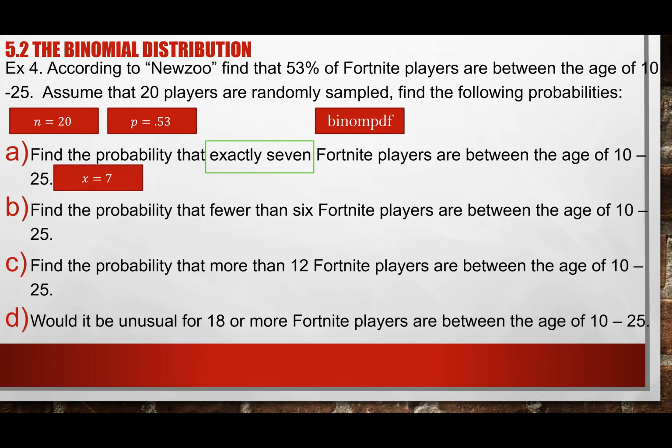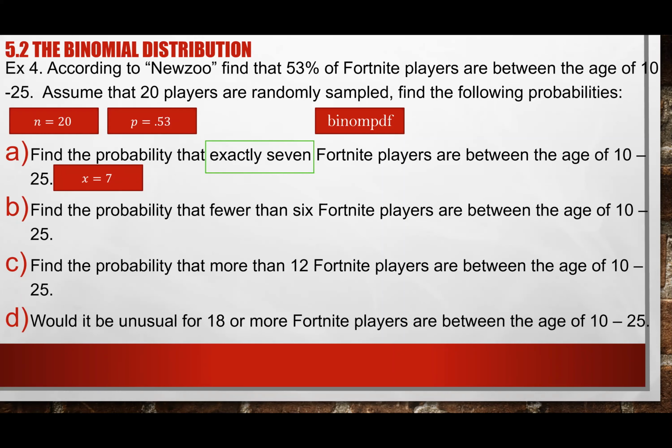Meaning again, out of the 20 people, I want exactly 7 of them playing, exactly 7 players between the age group of 10 to 25. So again, everybody see that we're using the binomial PDF.